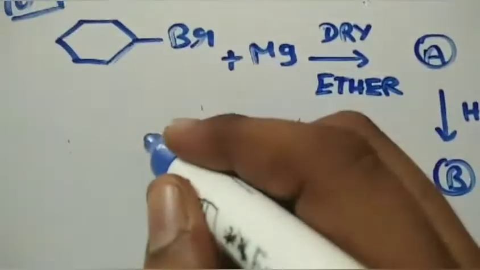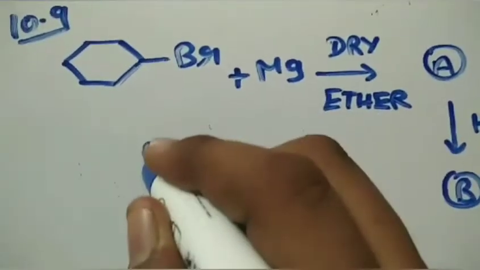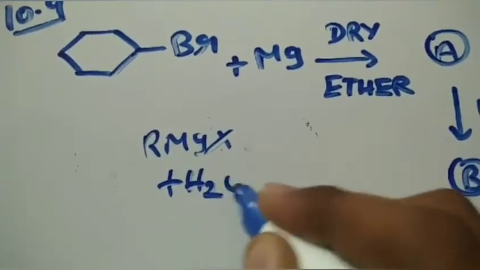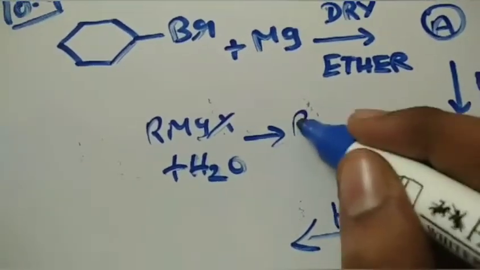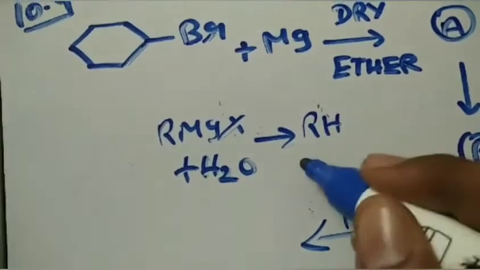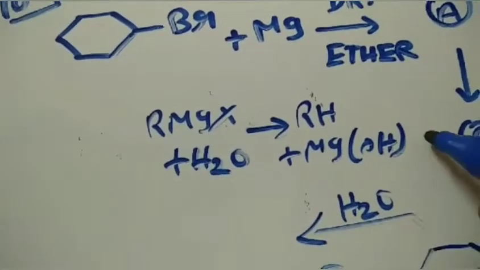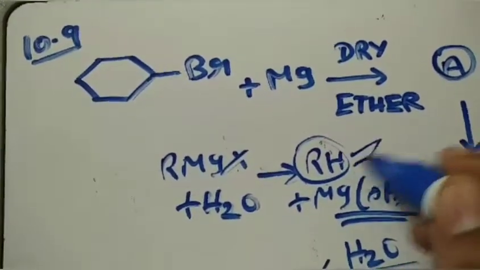The general reaction is RMgX plus H2O, which gives simple RH, that is an alkane, and Mg(OH)X, this is the complex compound, leave it, okay. The main part is the alkane that will be formed.